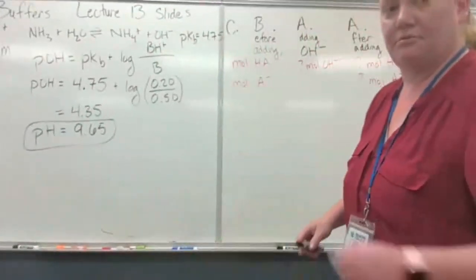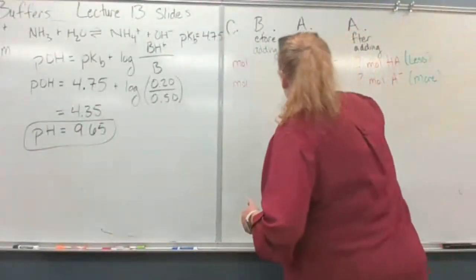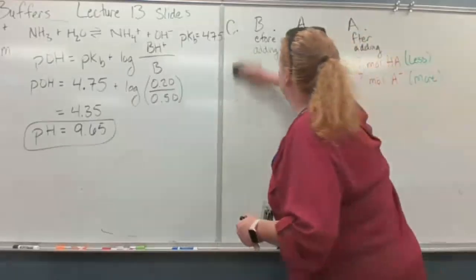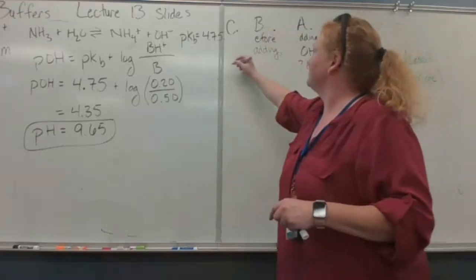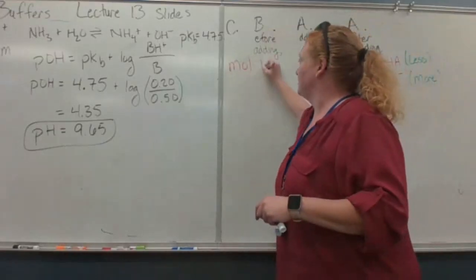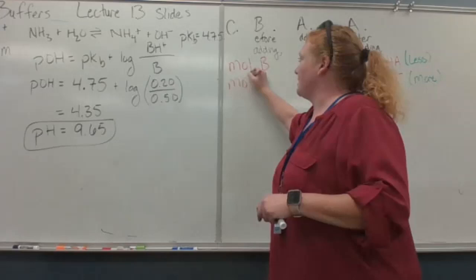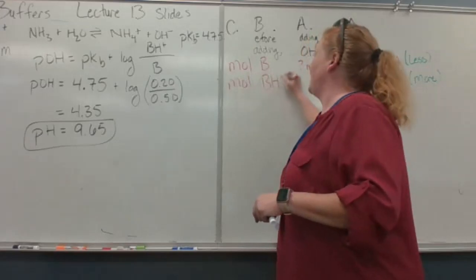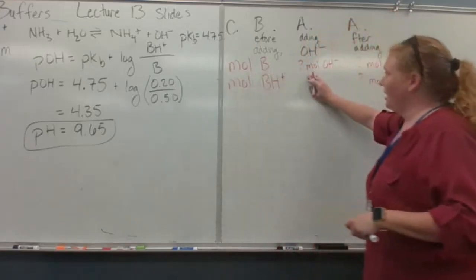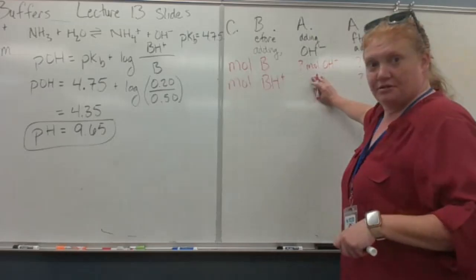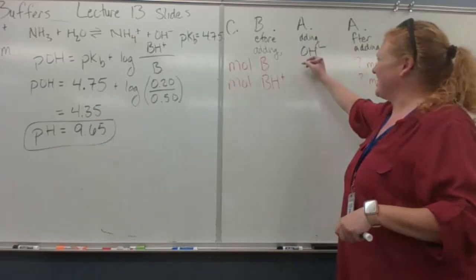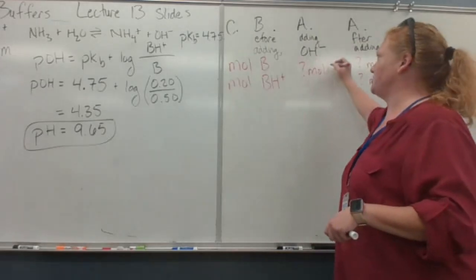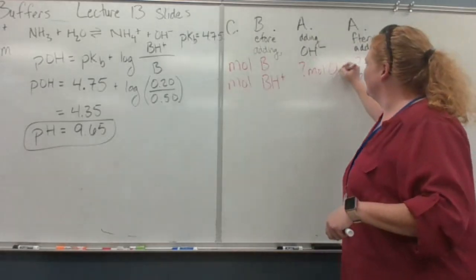Before, I am wanting the moles of my weak base and the moles of the conjugate acid of that base. I want the moles of OH minus that I'm going to add. And I was kind of nice here because I just straight told you, here's how many moles.